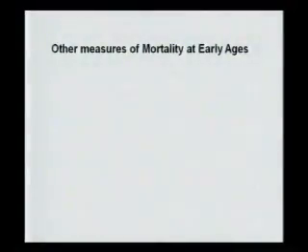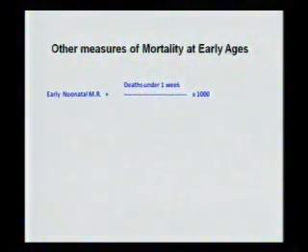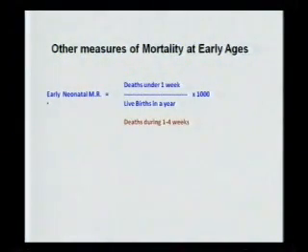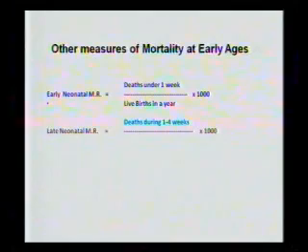Then there are other measures of infant mortality at early ages. I'll just quickly go through that. Deaths under 1 week is known as the early neonatal mortality rate, divided by the live births in a year. Deaths during the first 1 to 4 weeks, known as late neonatal mortality, divided by live births in a year.